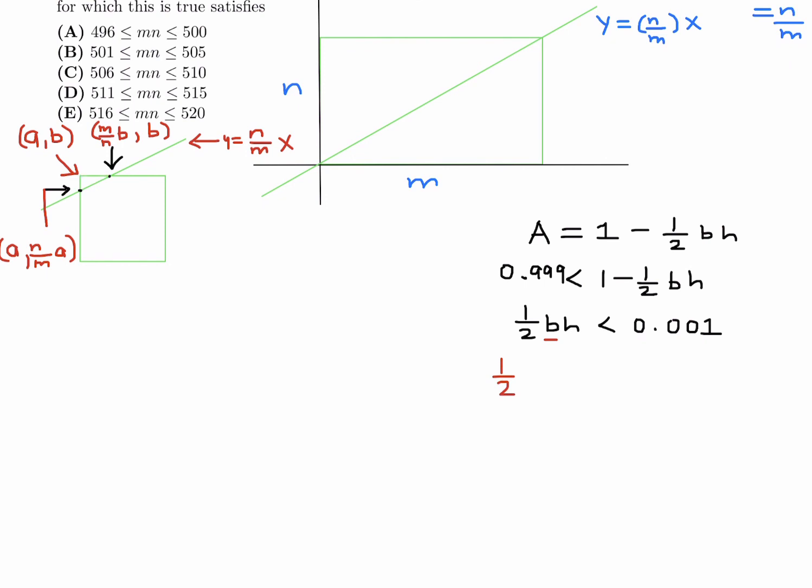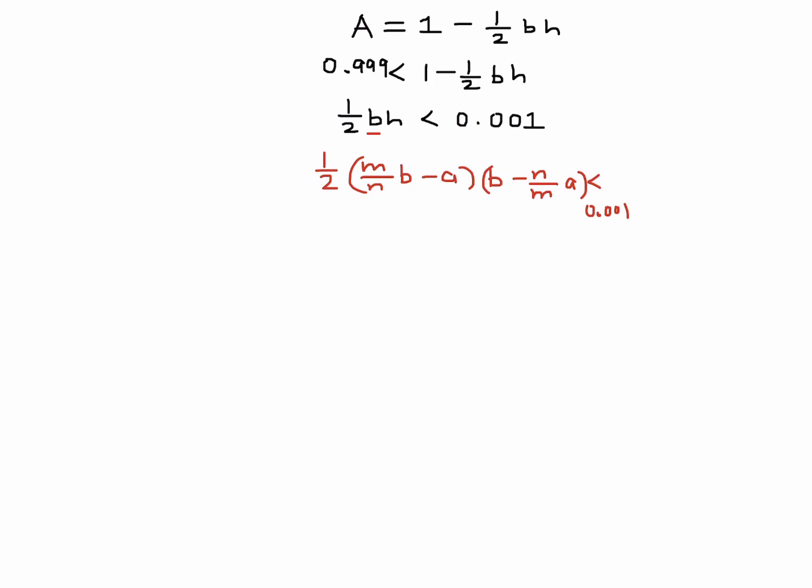So it's going to be, let's see here, m over n b minus a. And then the height is from there to there. So I use the y coordinates. So it's going to be b minus n over m a. And that is, of course, less than 0.001. And this is what we have to deal with. So this is our equation.